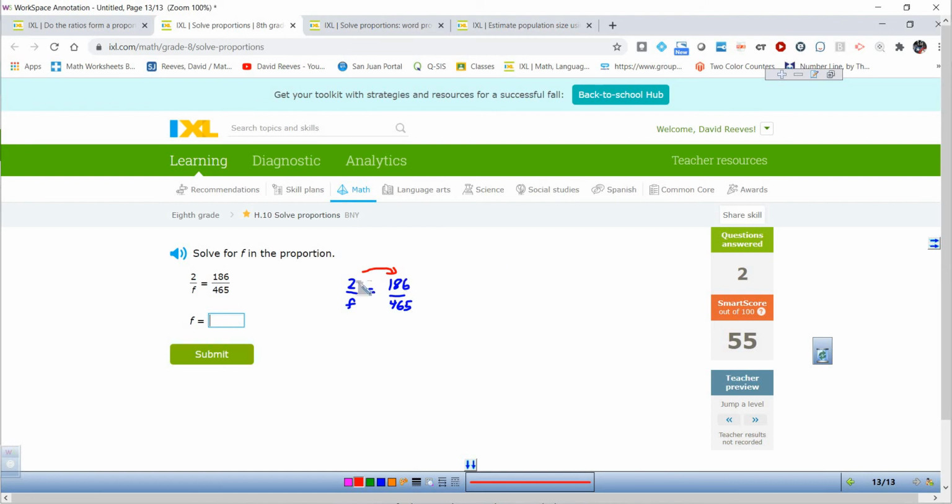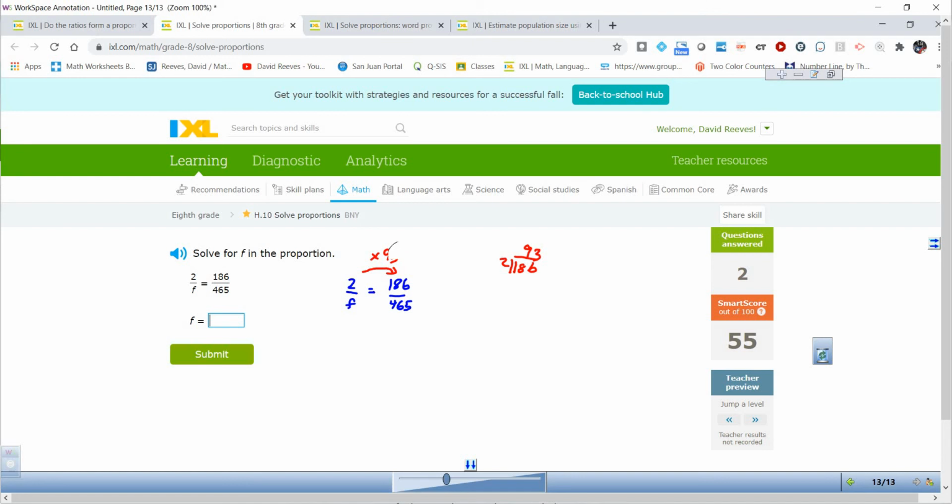So if I say 186 divided by 2, what is that answer? Well, 2 goes into 18 9 times, and 2 goes into 6 3 times. So this is times 93, right? I guess, again, the number is not a friendly number. You don't know your 93 times tables. But I know that this second number is 93 times as big.